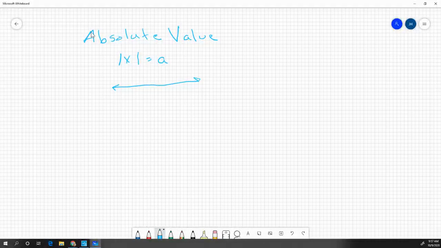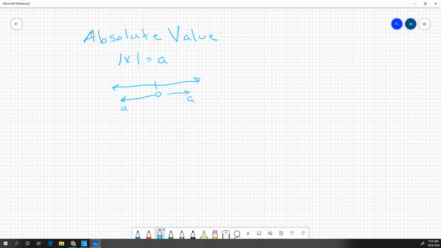Whatever is inside here, in this case it's x, is going to be a distance from 0 on a number line. We're saying it's a distance of a away from 0 on the number line, which is why when we pull the insides out of the absolute value, they always are positive because you can't have a negative distance, right?